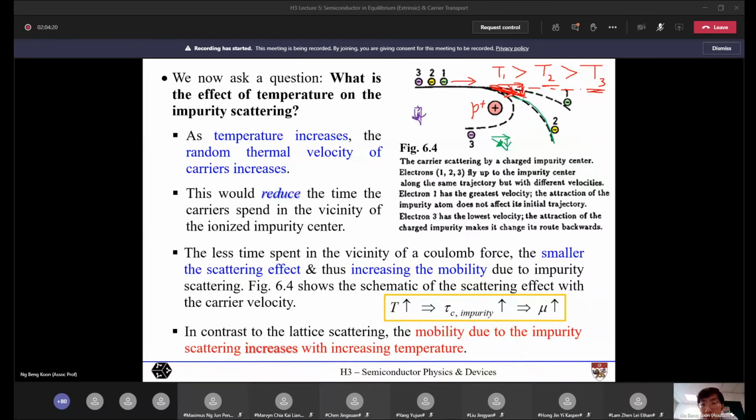It could be so much that it could actually wrap around and get deflected backwards, okay?